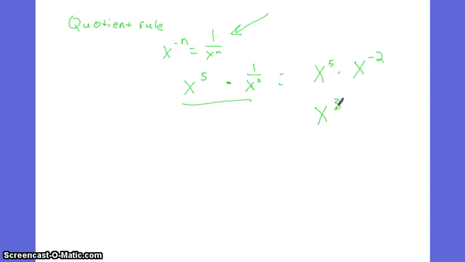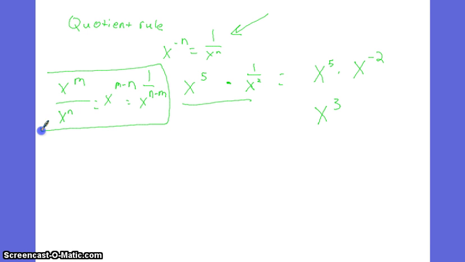So the rule for that is x to the m over x to the n equals x to the m minus n, or 1 over x to the n minus m, because we can use these kind of interchangeably. Okay, so that's going to be a key component to today's lesson.